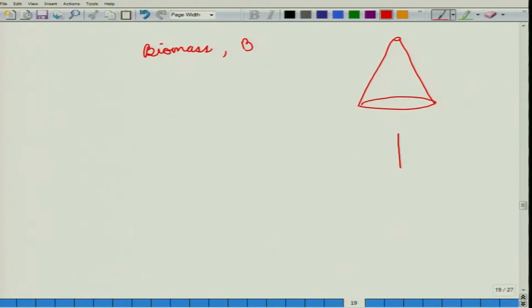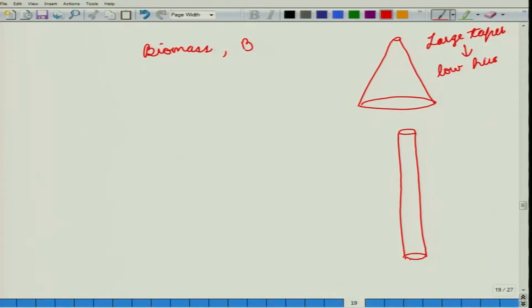Because the amount of biomass that it has is fixed, if you have a large taper, you will also have a low height, because all the biomass has been deposited at the bottom. So, you have very little biomass that can go to the top, whereas when you have a low taper, the trees can grow to greater heights.